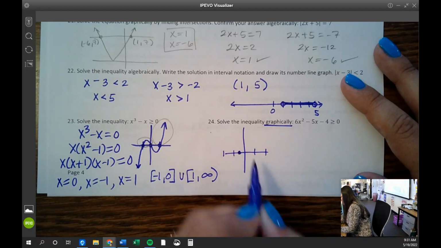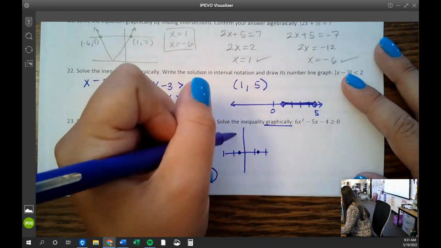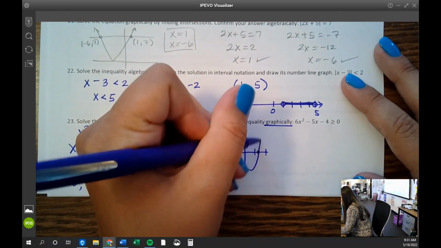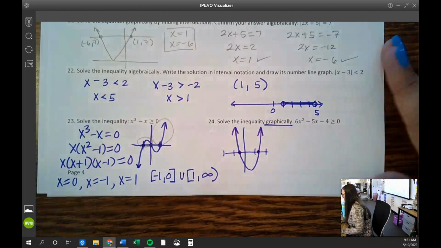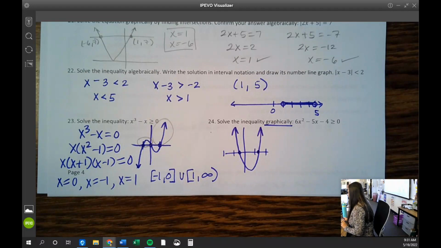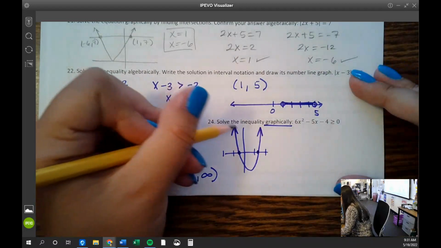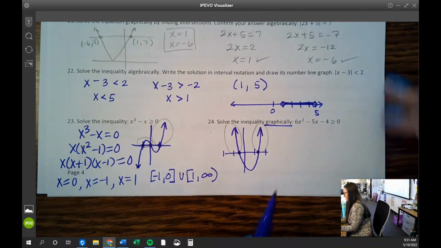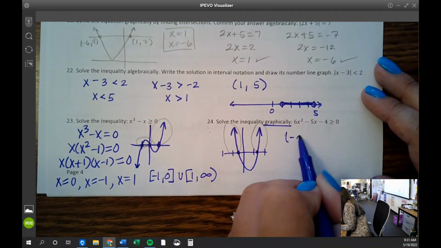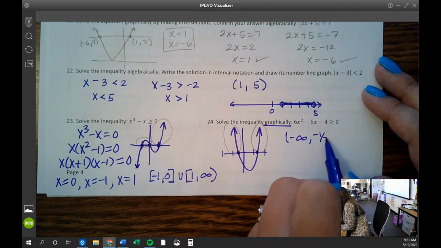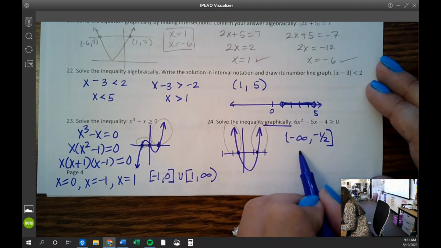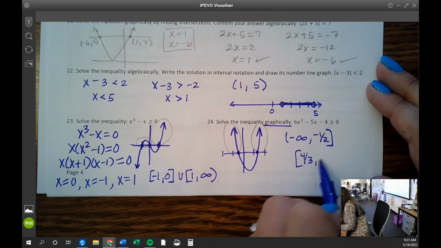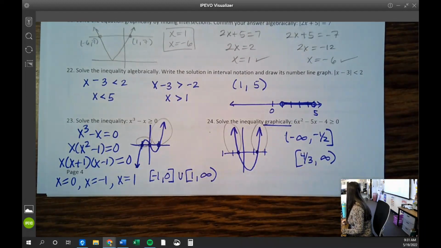All right, so we have -1/2 and 4/3. So again, I know that I'm greater than 0 on the two ends. So this will be -infinity to -1/2, and then 4/3 to infinity. Or if you wrote 1.3 repeating, that's fine too.